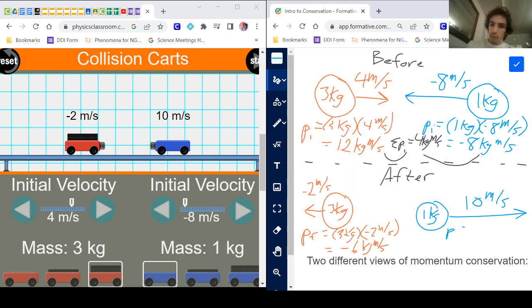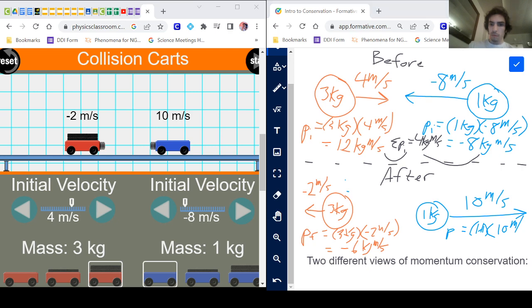This momentum is 1 kilogram mass times 10 meters per second. And that'll give us 10 kilogram meters per second.